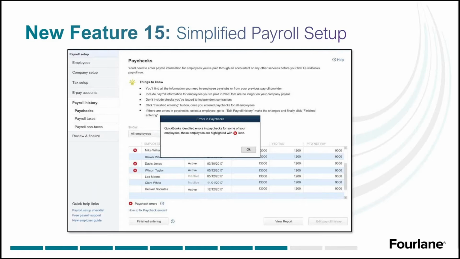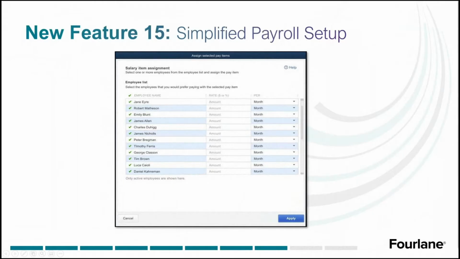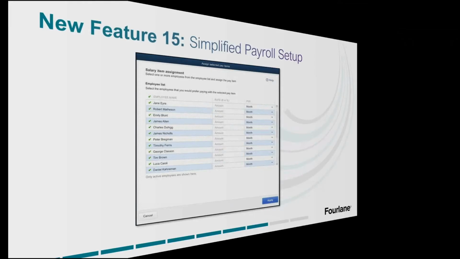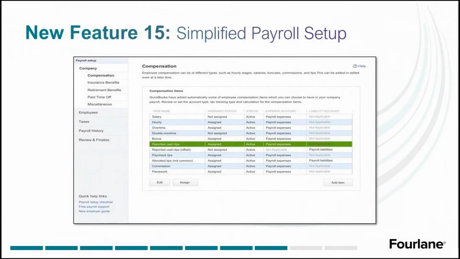And then they also have the ability to batch assign employees rates or batch assign employees different benefits. That makes it a lot easier to set up payroll when you're going to use QuickBooks for payroll.